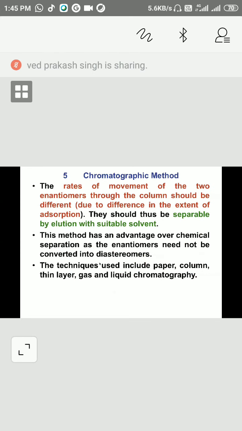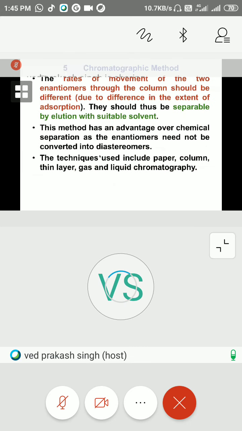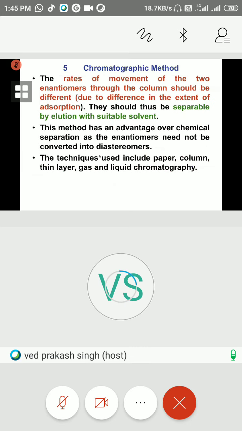Now absolute and relative configuration. What is this? Absolute configuration is the arrangement of groups in space.